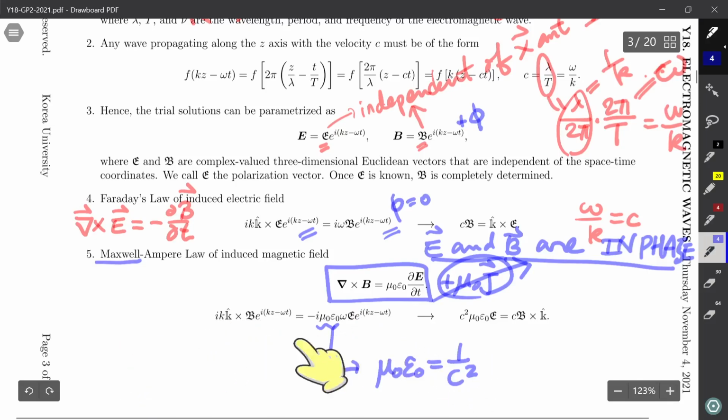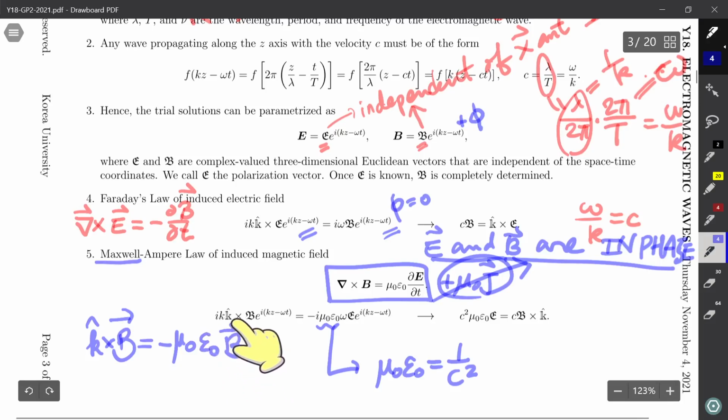Canceling the common factors, we obtain k hat cross B equals minus mu 0 epsilon 0 omega over k times E.